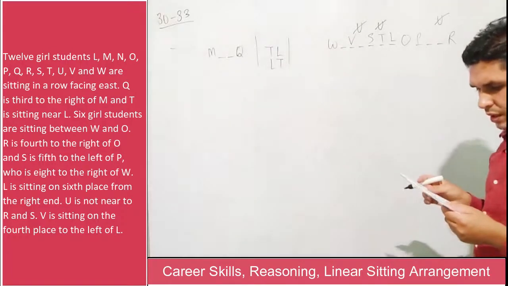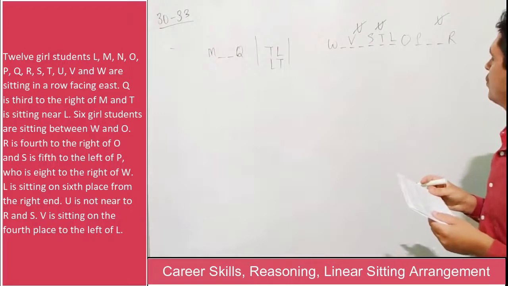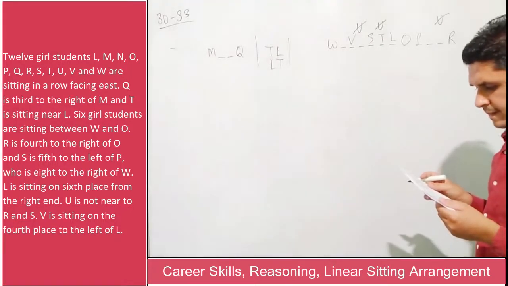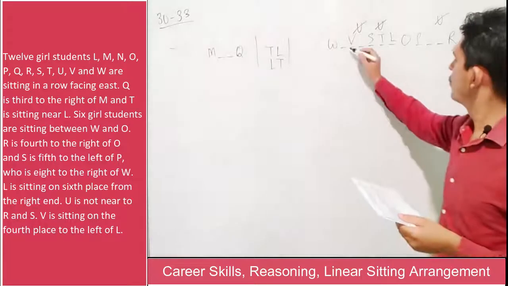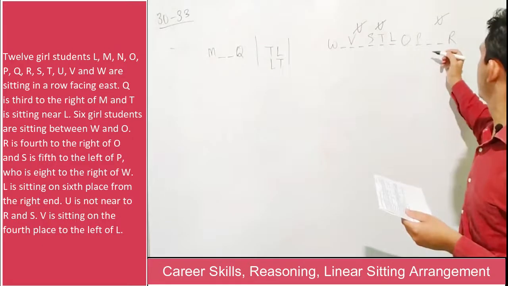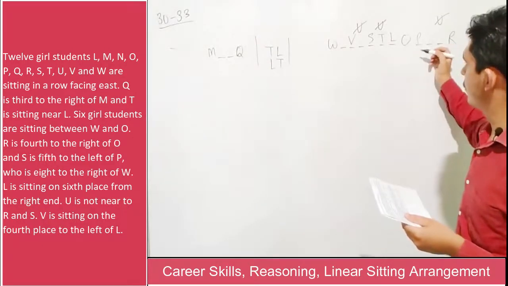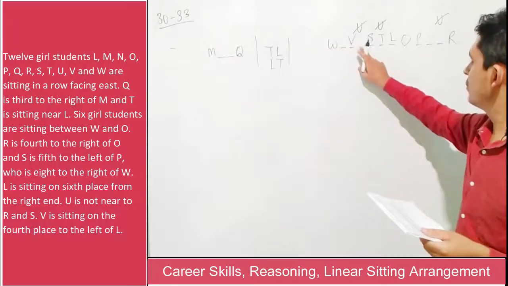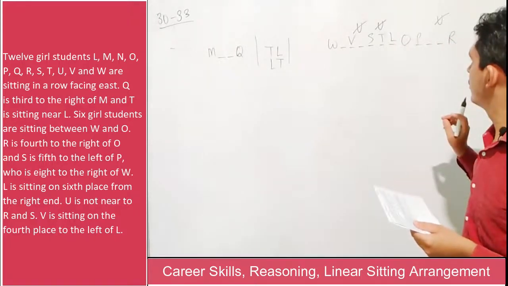And like my first statement, Q is third to the right of M. So Q is third to the right of M. 1, 2, 3, 4, 5, 6, 7, 8, 9, 10, 11, 12.